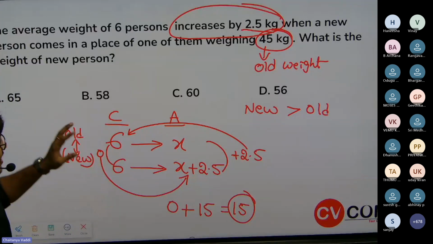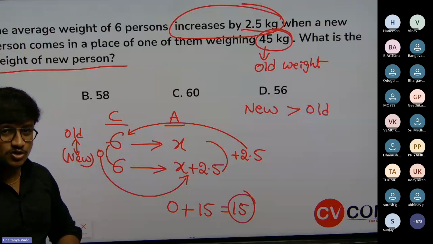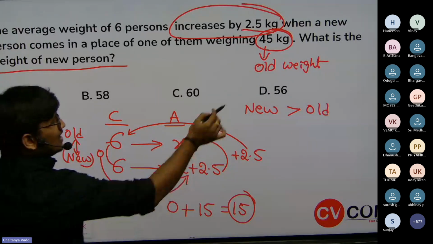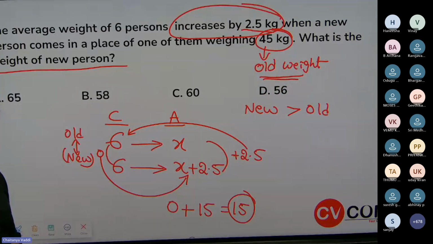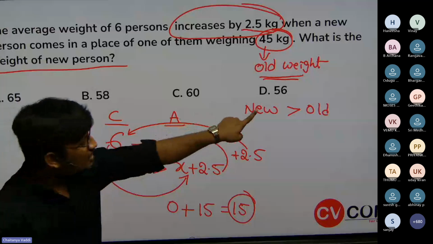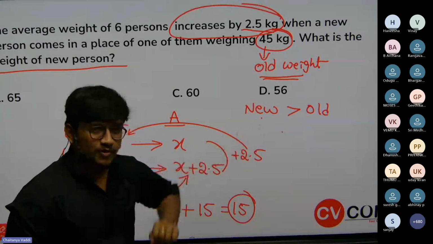First read the question, what they are asking us to find. What is the weight of the new person? They are asking us to find the weight of the new person. Now, if you observe, the old person's weight is already given. How much? 45 kgs. And when they are asking us to find the weight of the new person, obviously we know that the new person's weight is more than the old person's, correct?